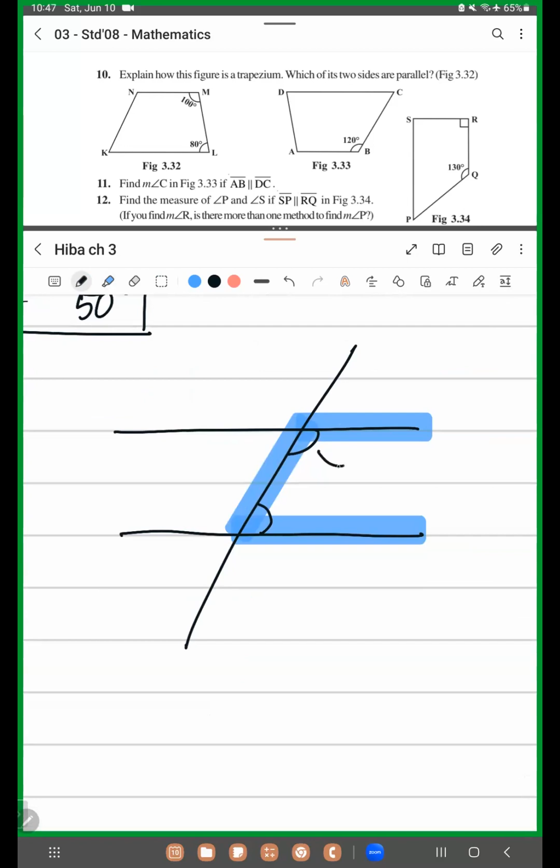These two are called co-interior angles, or interior angles on the same side of a transversal. If these two lines are parallel, then their sum is 180. In other words, they are supplementary.